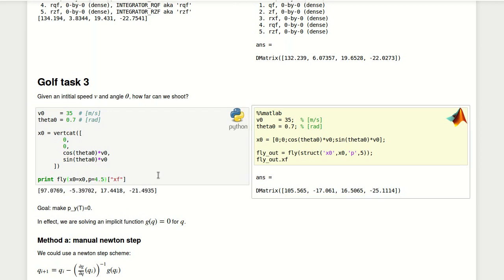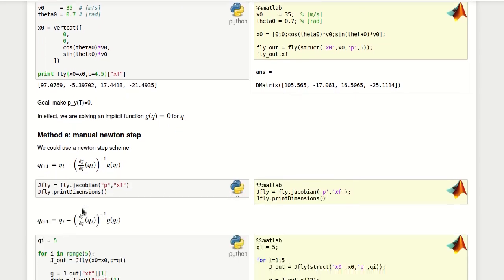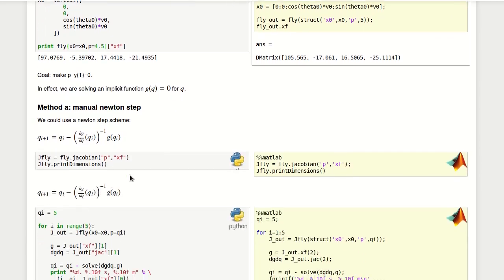So our goal is to search for the time when the ball reaches the ground, and this is basically an implicit function or a root finding problem. And we can solve this with Newton iterations, Newton steps. So the Newton step scheme involves a derivative, a Jacobian. The Jacobian of the thing we want to make zero with respect to the free tuning parameters we have to make the residual zero.